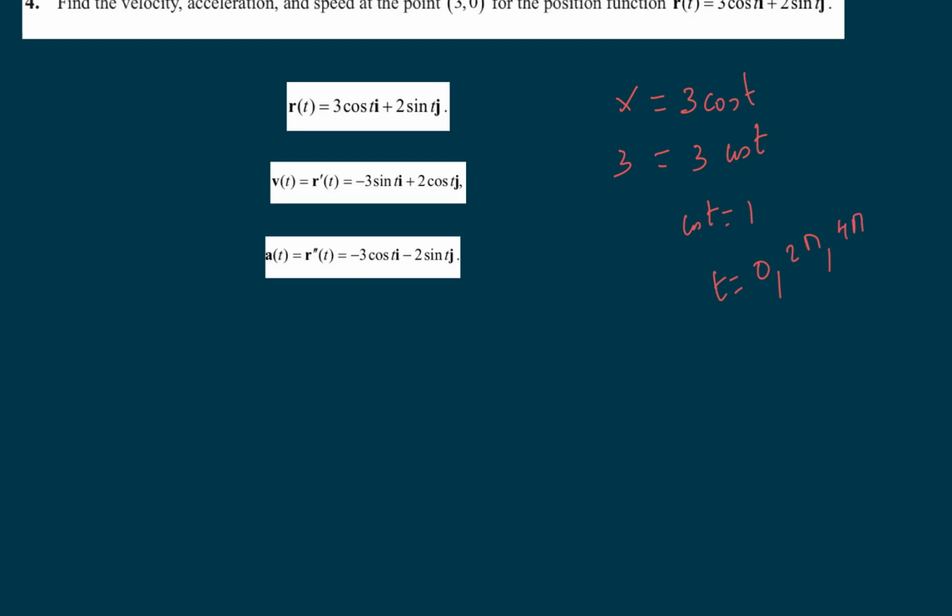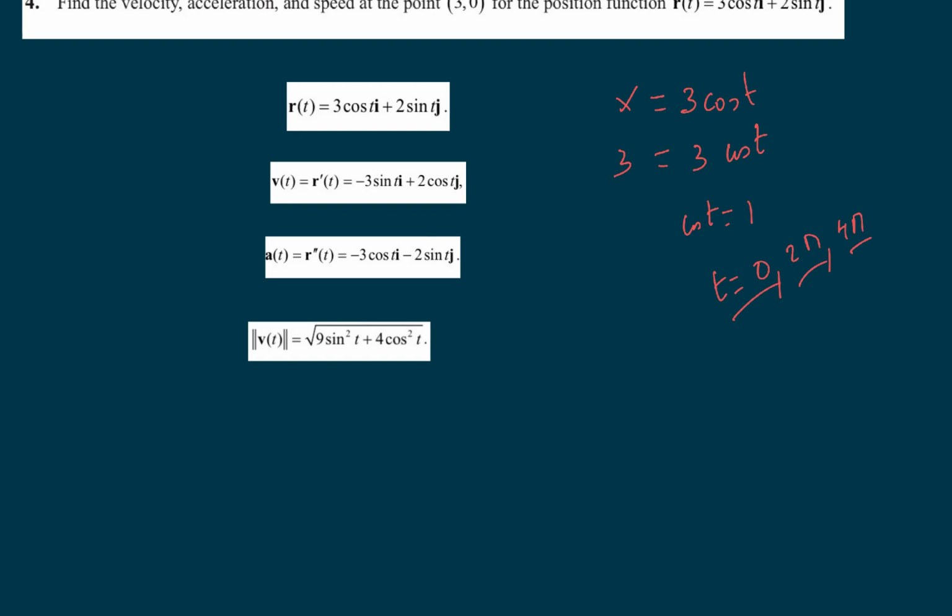So at this time t, we have to find the vector velocity. How will we do it? We will plug in t equals 0, or t equals 2 pi, or t equals 4 pi into the equation for the vector velocity and for the acceleration. So the first thing that we are going to find is the magnitude of the velocity.